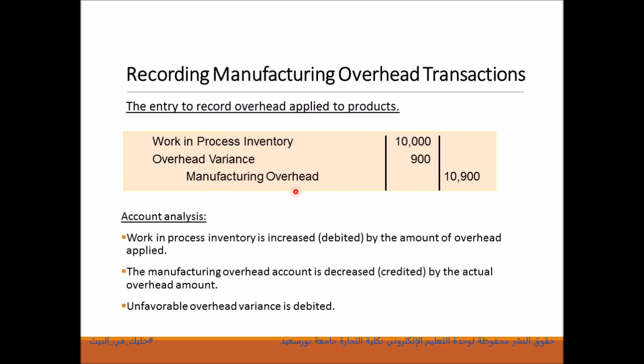And overhead variance is recognized in this stage. Overhead variance is unfavorable, that's why it is debited. Overhead variance is not recorded at the time overhead cost is incurred. It is rather recorded when overhead is applied to work in process inventory using standard hours allowed for work done.